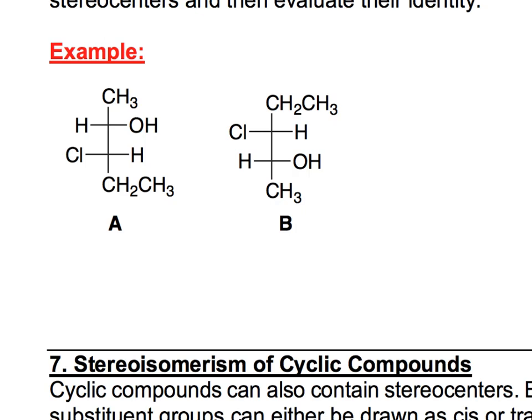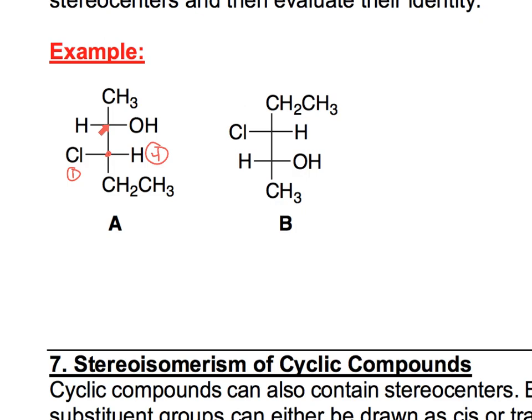So at this stereocenter here, our highest priority group is going to be the chlorine, so this is going to be 1. Our lowest is going to be the hydrogen, that would be 4. And then we have to look at a carbon and another carbon. Well, what's attached to this carbon? Attached to this carbon is a carbon and 2 hydrogens.